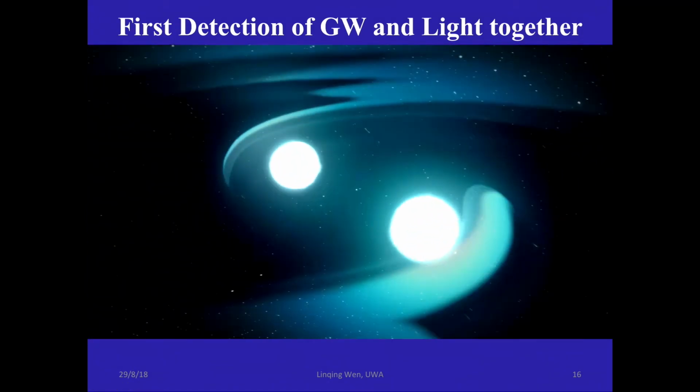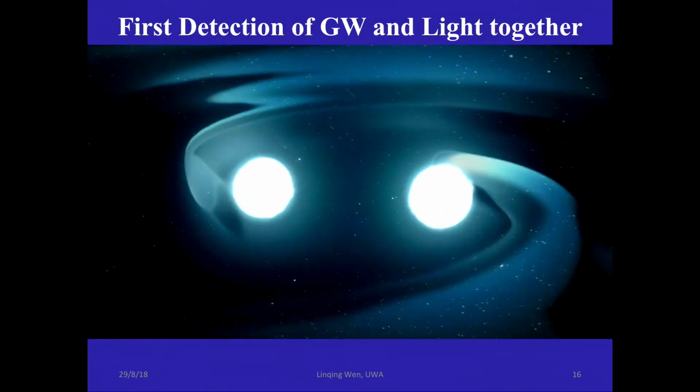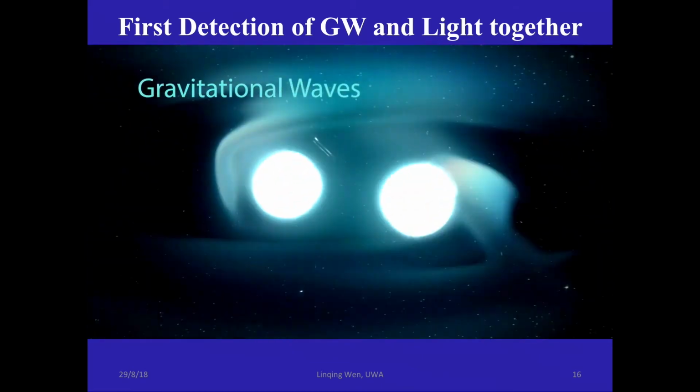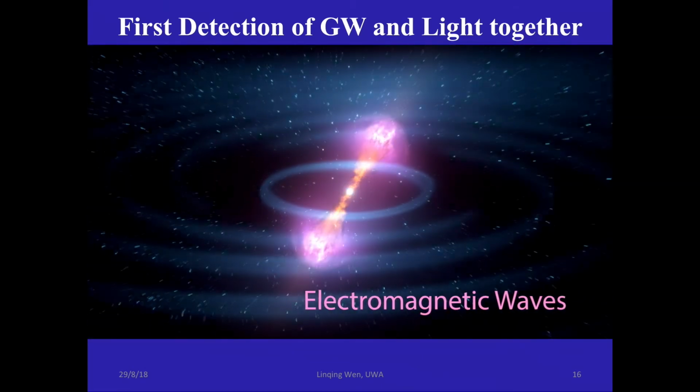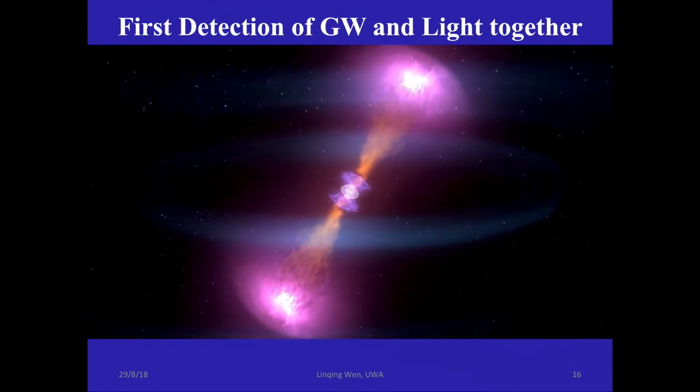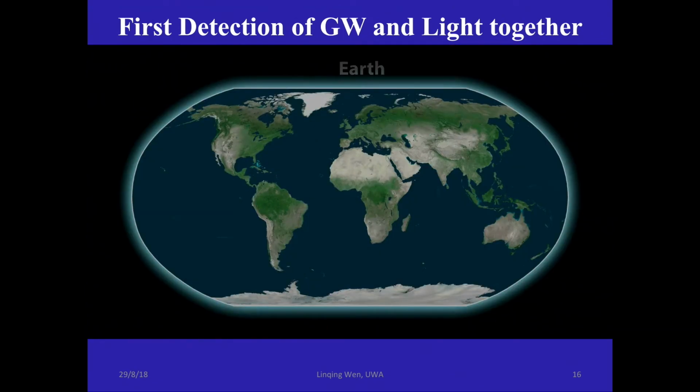For the first time, astronomers have detected a single cosmic cataclysm in both gravitational waves, ripples in space-time itself, and electromagnetic waves, what we typically call light. This hugely collaborative effort includes the LIGO and Virgo gravitational wave observatories, along with a multitude of telescopes in space and on Earth that together collectively monitor the full spectrum of light.